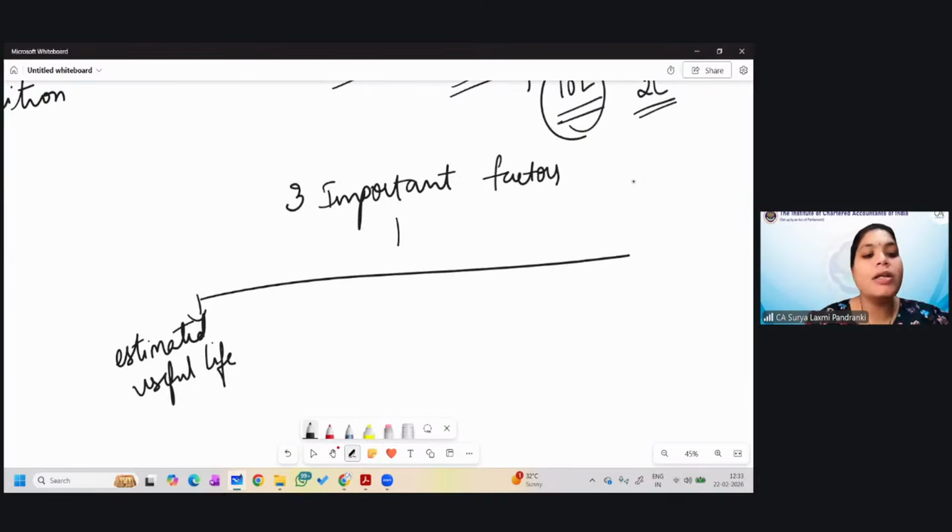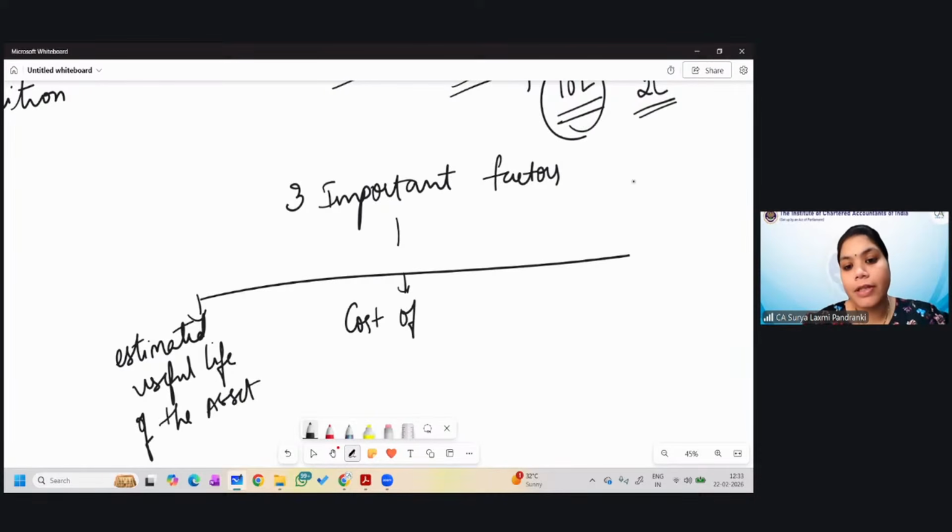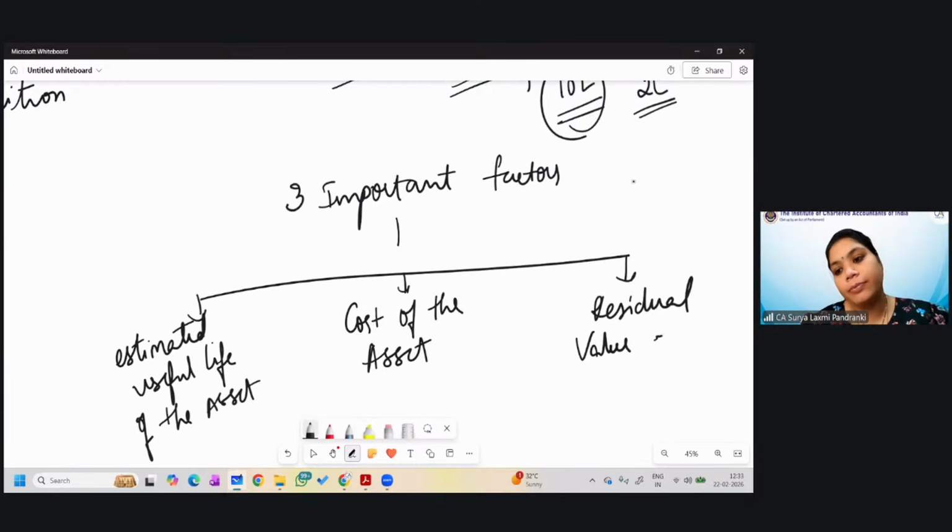For how many years are you going to use this asset? That is useful life. So, estimated useful life is one thing. Then the main thing is the cost of the asset. Obviously, you have to know the cost of the asset, only then is depreciation calculated. And then residual value, after the useful life.